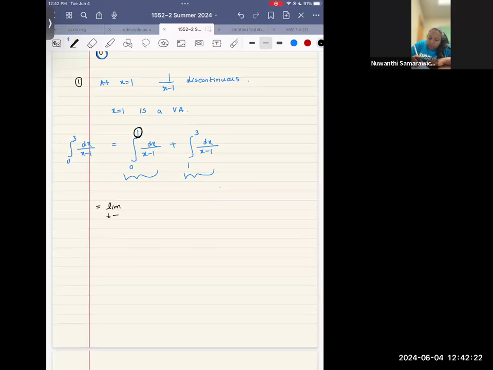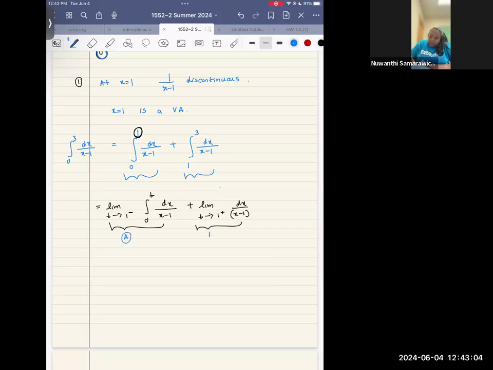So the limit as t approaches 1 from the left-hand side of the integral from 0 to t of dx over x minus 1, plus the limit as t approaches 1 from the positive side of the integral of dx over x minus 1. Let's first find this one and then this one.